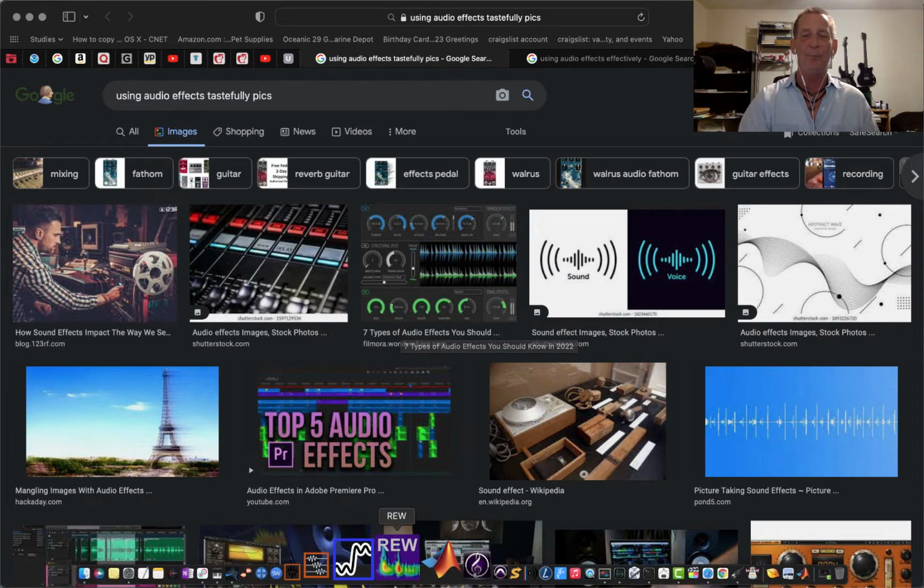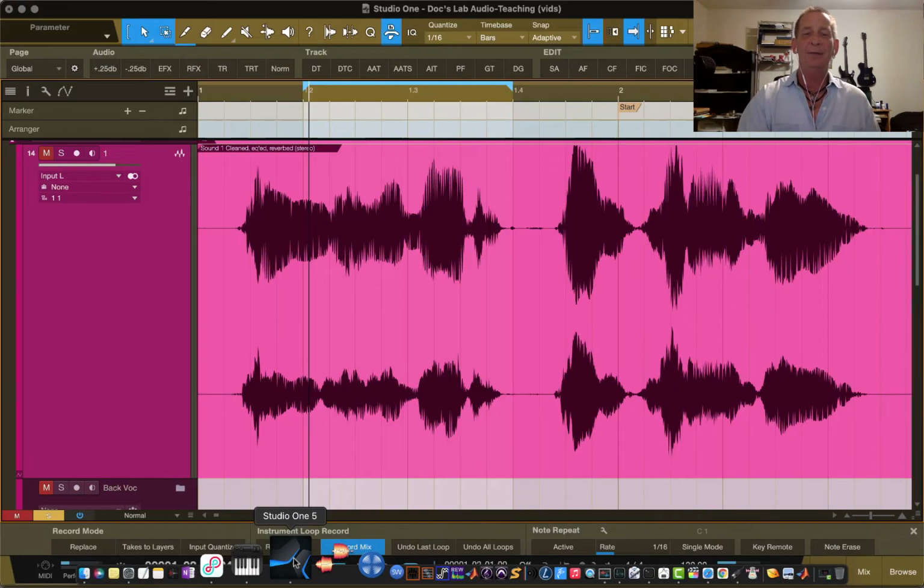Some of the biggest concepts to look at: every moment in time is important, and you really need to think about that. It becomes apparent that if we overuse processing and effects, it sucks the power out of the effectiveness and tastefulness of the effect.